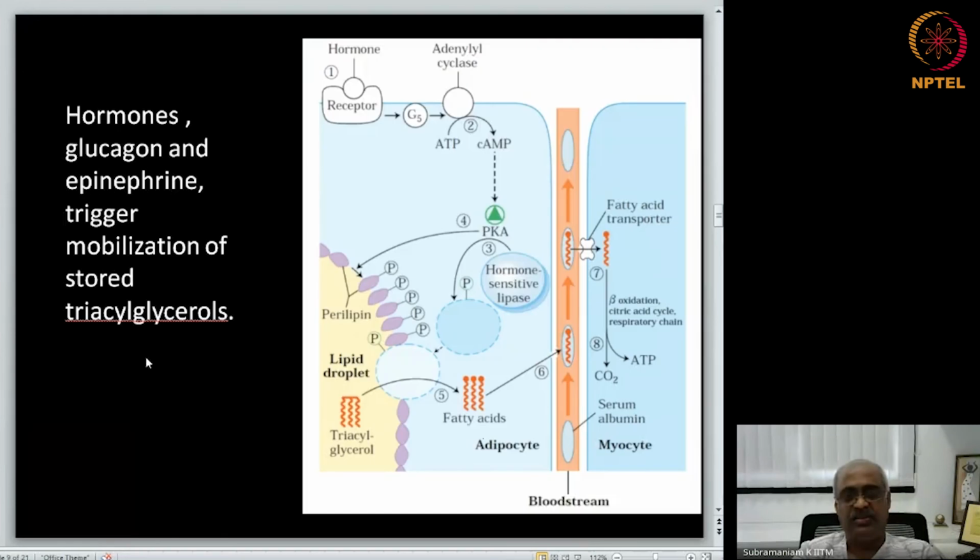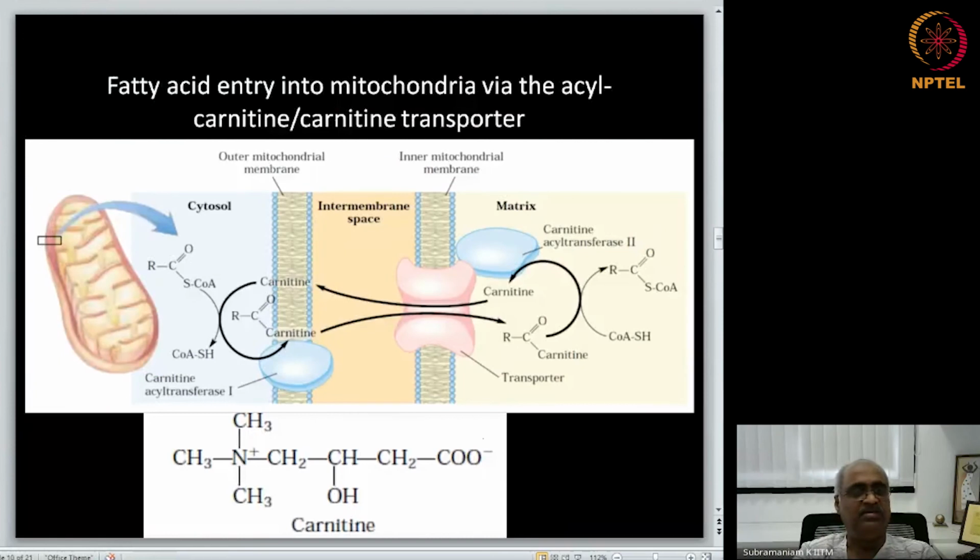This fatty acid, when it comes into the cytoplasm, needs to enter into the mitochondria. And as you know, mitochondria has an outer membrane and an inner membrane, and the matrix is where the TCA cycle happens. Beta oxidation also happens in the matrix. So the fatty acid has to cross these two membranes of mitochondria, and that happens via the carnitine cycle.